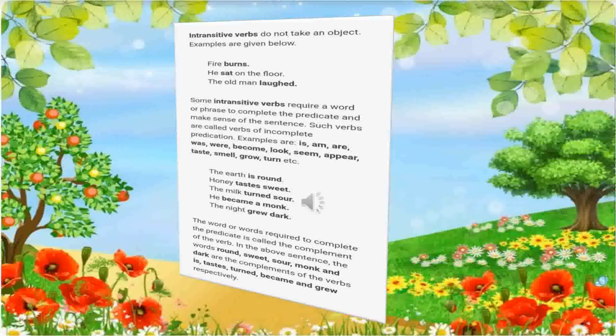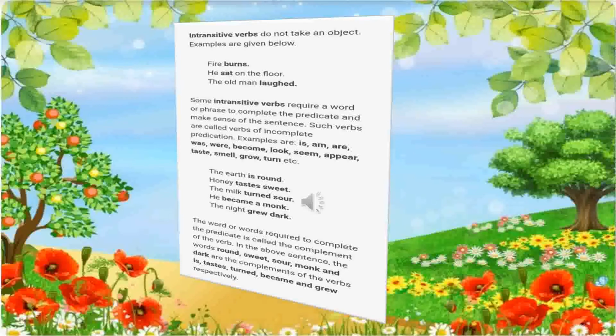The earth is round. Honey tastes sweet. The milk turned sour. He became a monk. The night grew dark. Here the intransitive verbs are is, tastes, turned, became, grew.